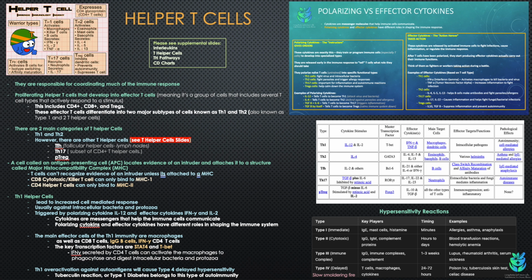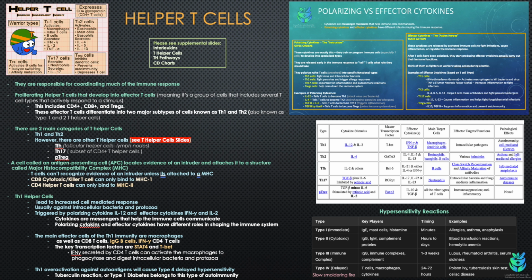These effector T cells differentiate into two major subtypes of cells known as Th1 and Th2, also known as type 1 and type 2 T helper cells. So there are two main categories of the T helper cells, that is Th1 and Th2, or type 1 and type 2 T helper cell.